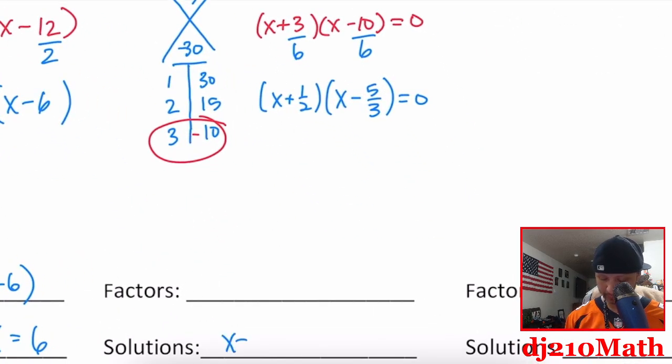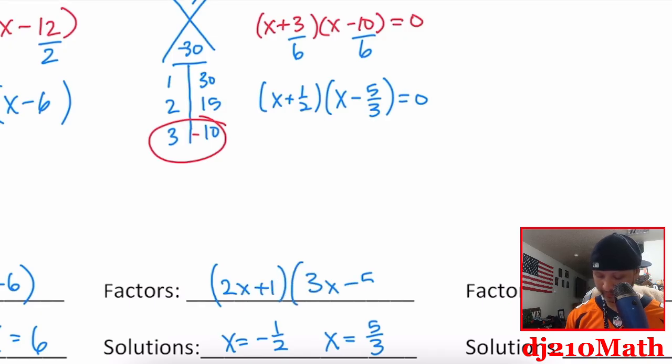So I know my solutions are going to be negative 1 over 2 and positive 5 over 3. Can't reduce them anymore, so I'm going to make the denominator go in front of the coefficient. So 2a plus 1, 3a minus 5. Right, these numbers just go up. That's what we've been doing.